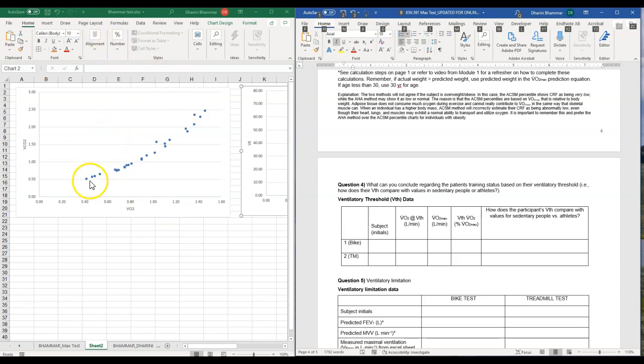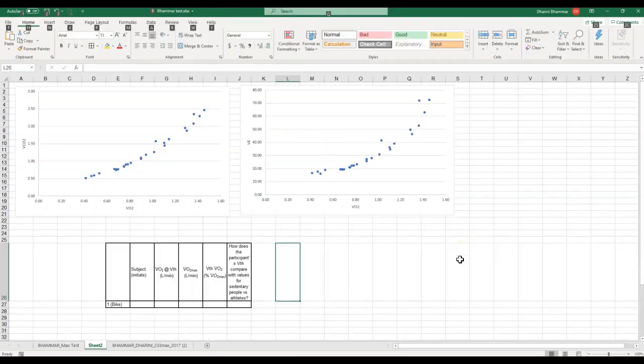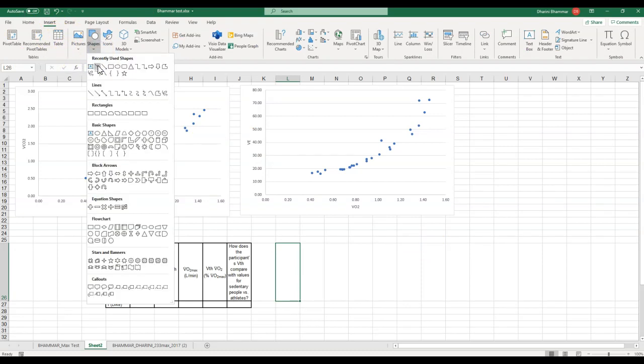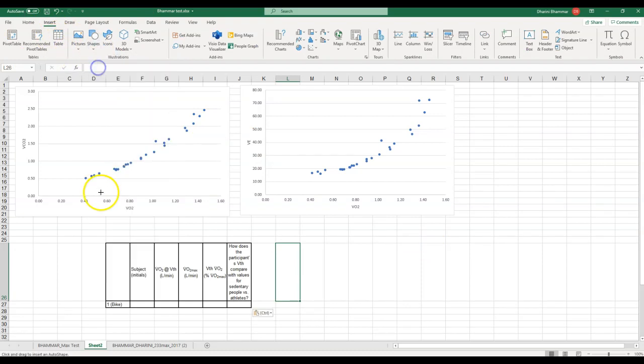So what you're trying to find is the break point in carbon dioxide and then the break point in ventilation. So if you do insert and shapes, you can get a straight line, and you want to draw two lines.